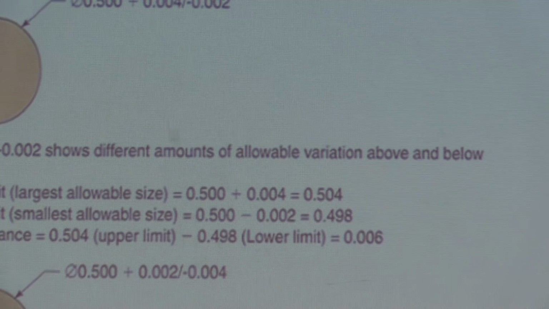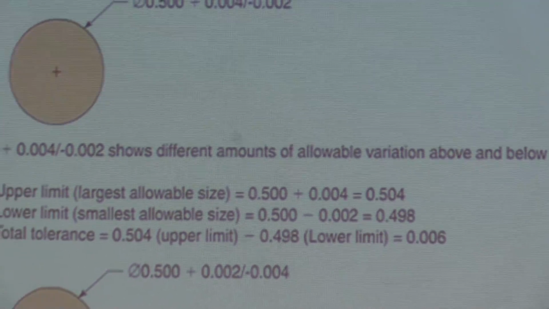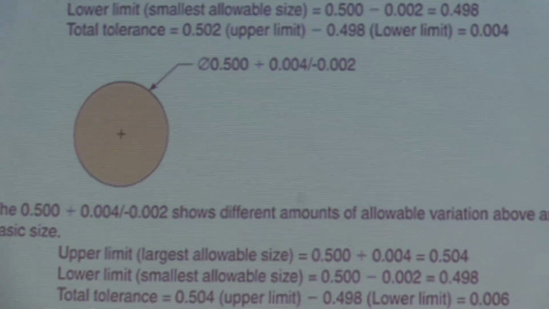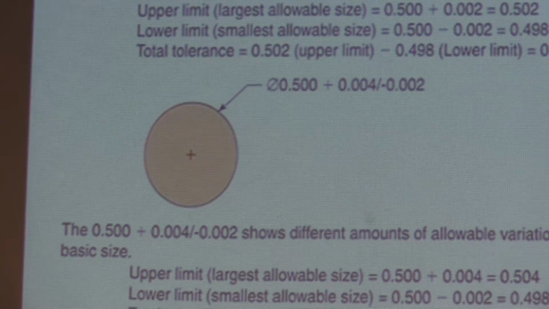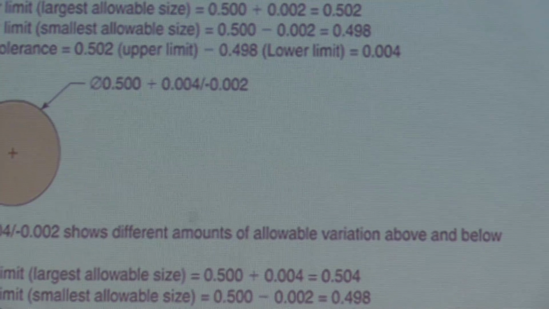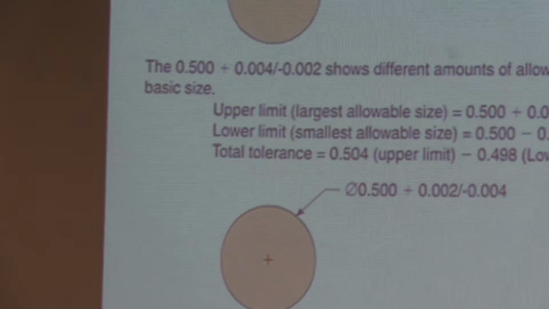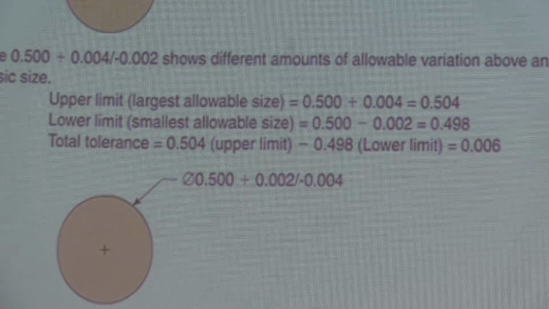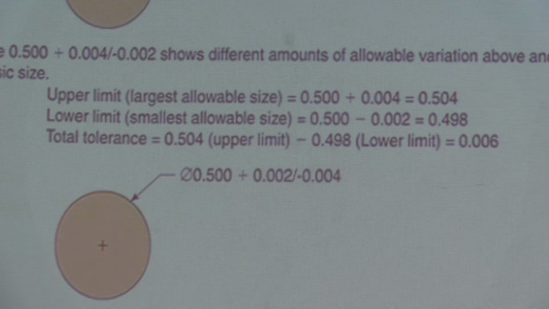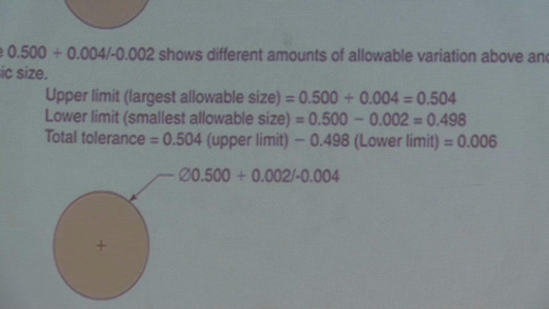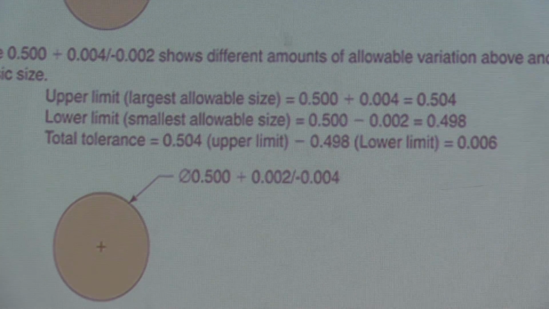Okay. So we have a greater tolerance of 6, but you notice they're a lot more lenient on the plus side than on the negative side. This is going to matter when you start looking at running fits and so forth, different cylinders, coefficient of thermal expansion, things like that.